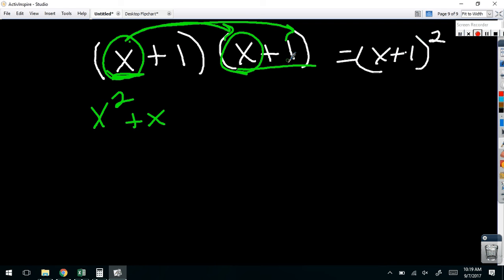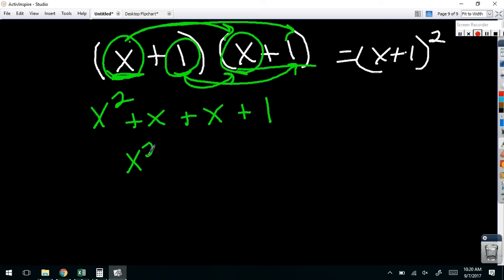You can put the invisible 1 if you want to. That's fine. Now I go to this one. 1 times x, 1x. And 1 times 1 is 1. I'm thinking about adding. That's okay. All right, so now we're going to get our like terms together, and we have x squared plus, how many x's do I have? Now we're adding.